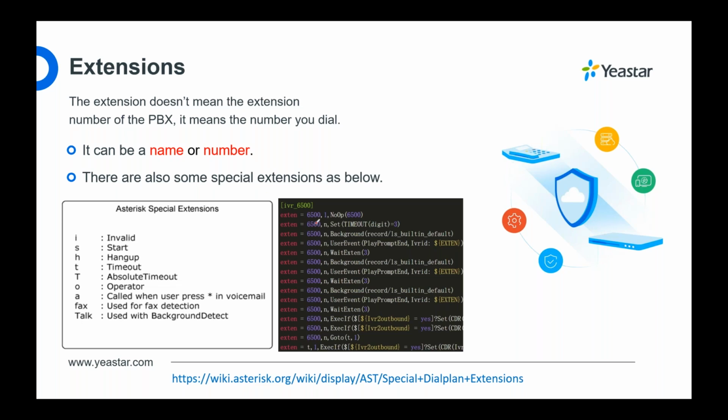For example, here the extension is 6500. That means when someone dials 6500, the user dials the number, and the PBX, the Asterisk, receives the number you dial. So this is the extension.